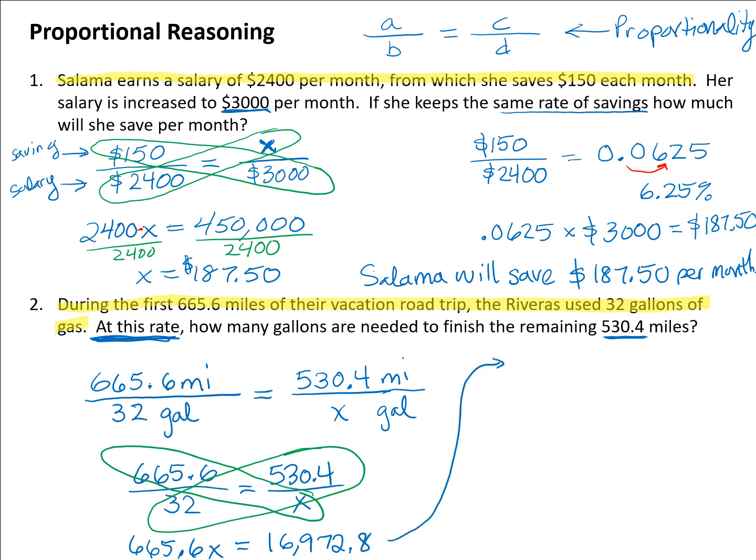And then to get x by itself, right now 665.6 is multiplying x, so we're going to divide. So x will be equal to 16,972.8 divided by 665.6. So let's do that division. And we get 25.5. Now remember what we were finding, the x was the number of gallons of gas.